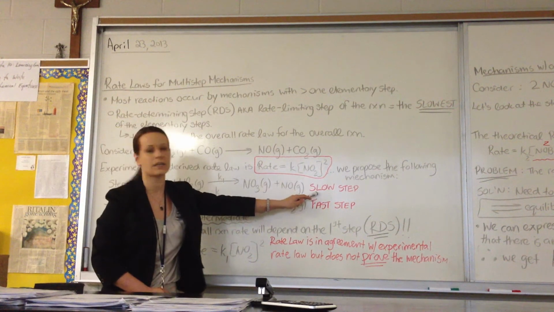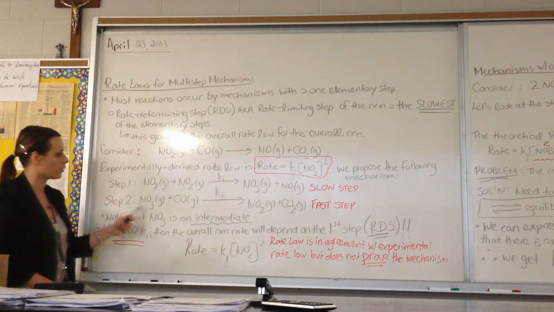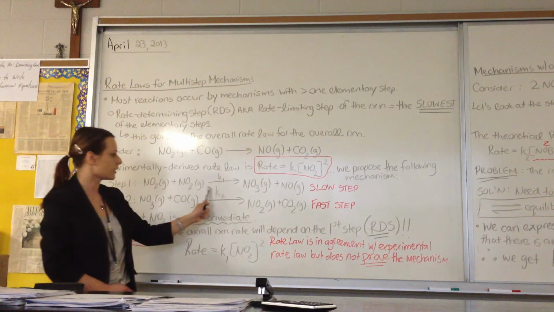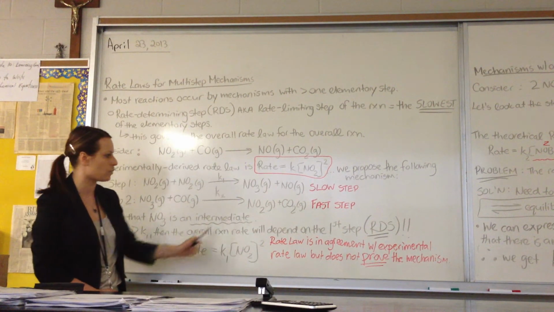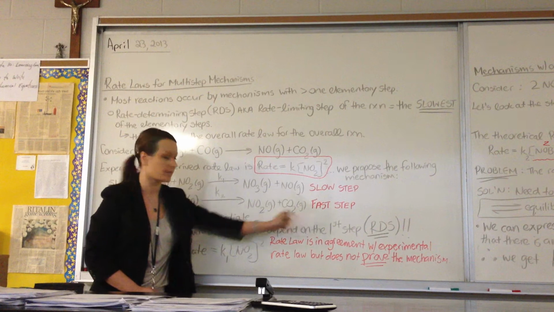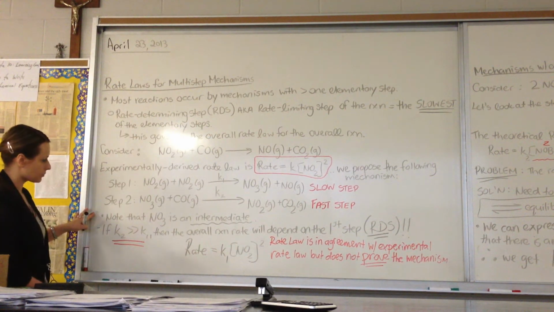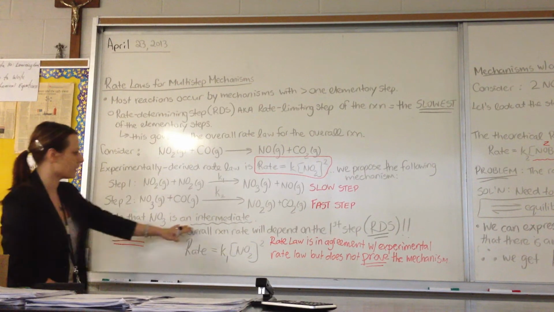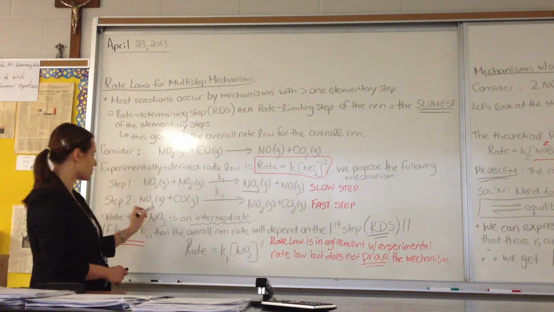This is noted in the question as being the slow step. The second step, NO3 plus carbon monoxide, k2, because it is step 2, gives us nitrogen dioxide and carbon dioxide. This is the fast step. Note that NO3 is an intermediate.